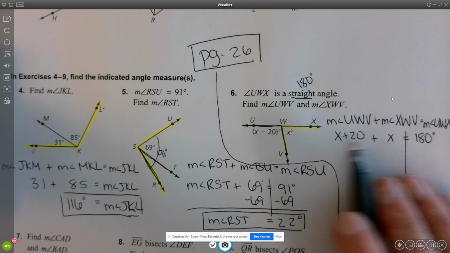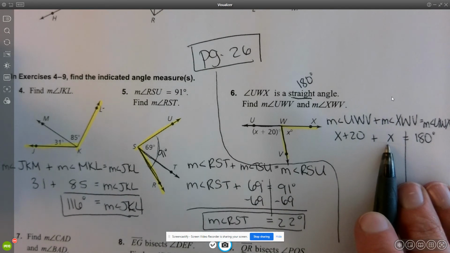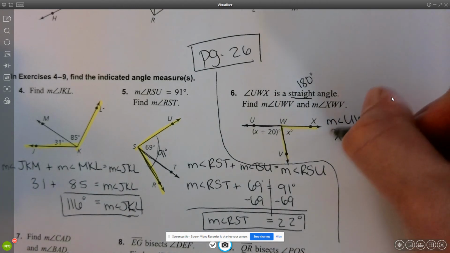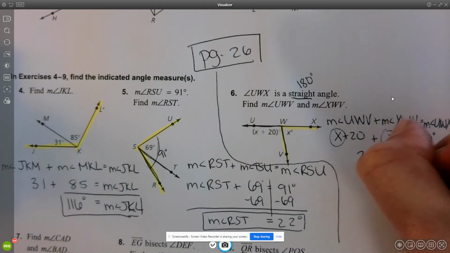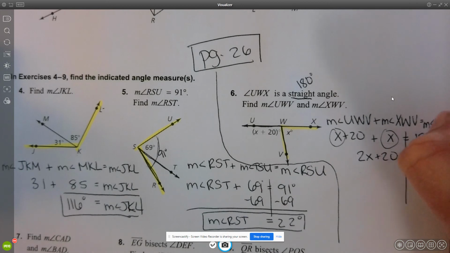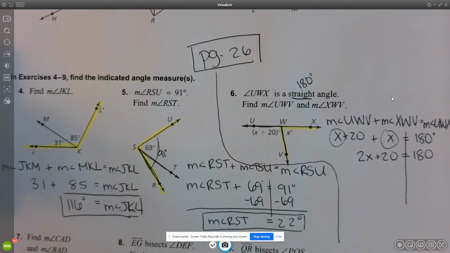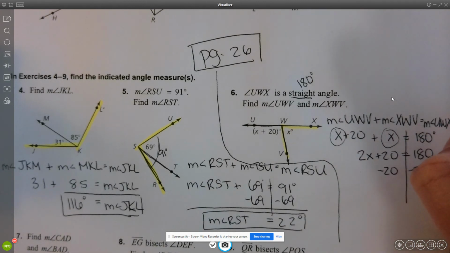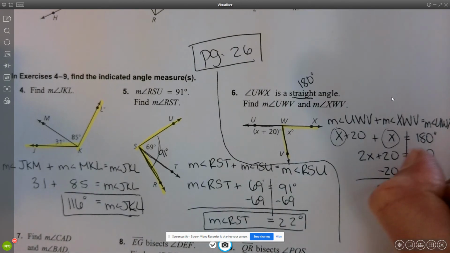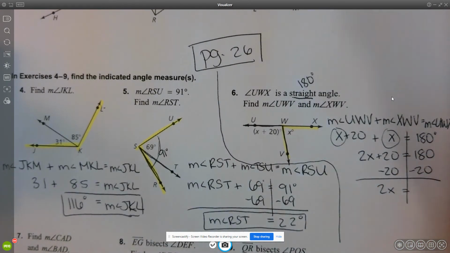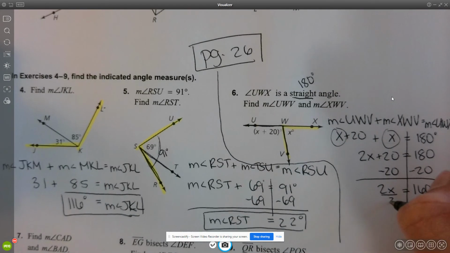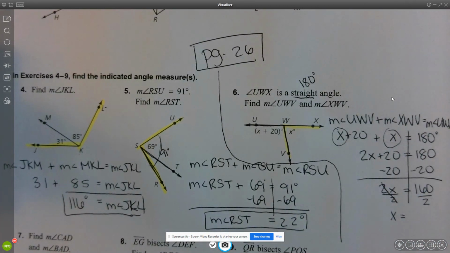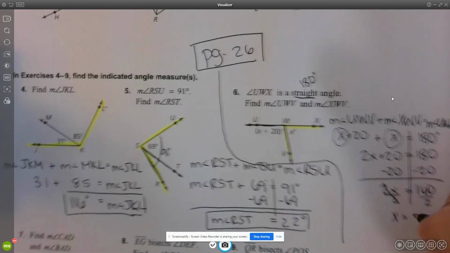I've got two x's on the same side of my equal sign, so I can combine like terms. x plus x is 2x. 20 tags along. I'm going to subtract 20 on both sides, and then divide both sides by 2. So x is equal to 80.